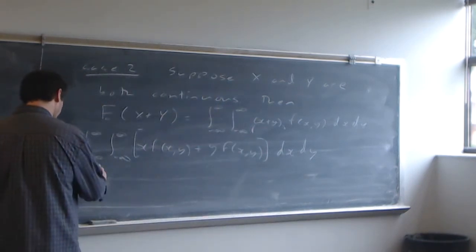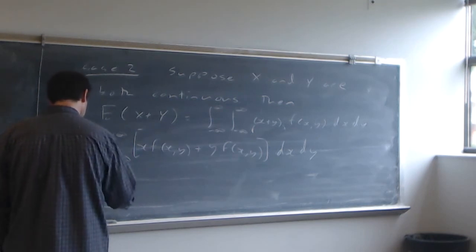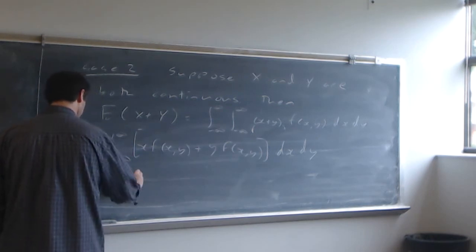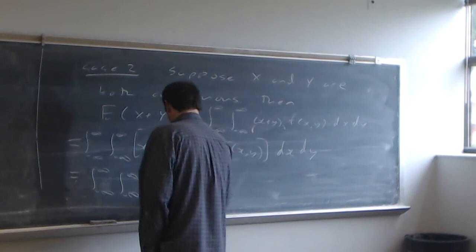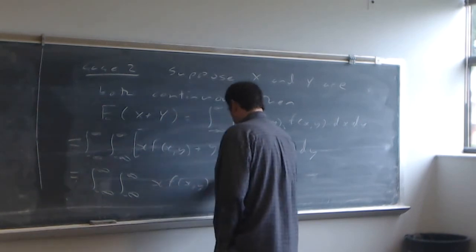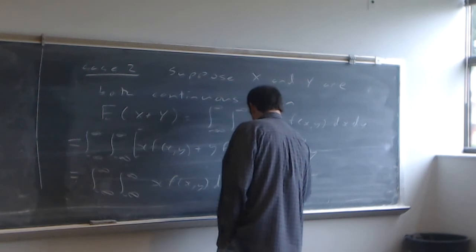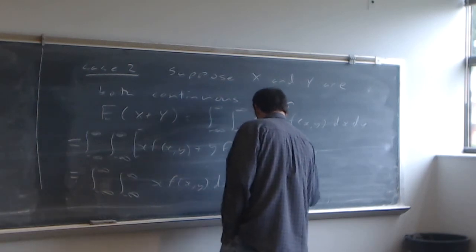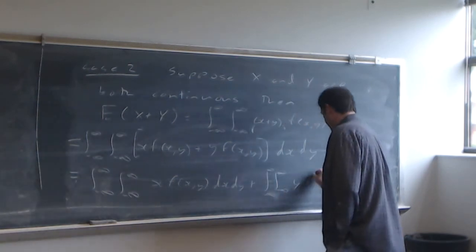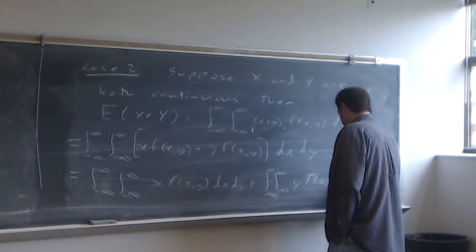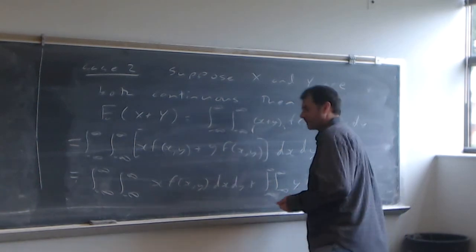That's equal to, we write down two double integrals, I should say. This is x of f of x comma y dx dy plus, again, the double integral from minus infinity to infinity, minus infinity to infinity. Here is y f of x comma y dx dy.